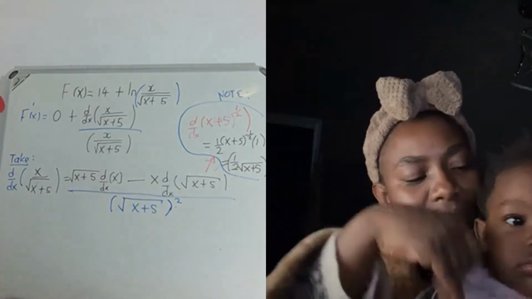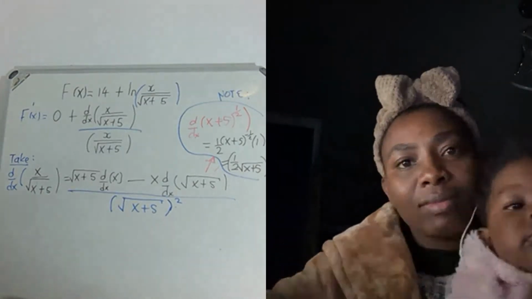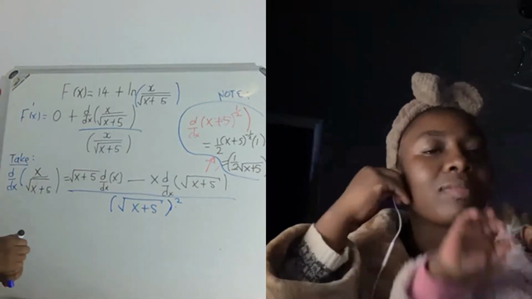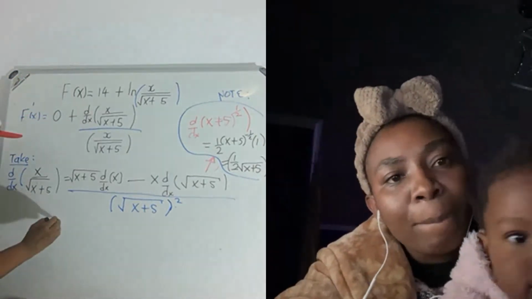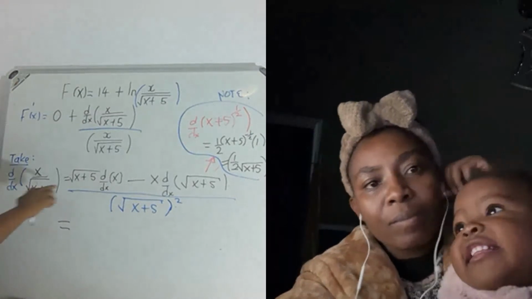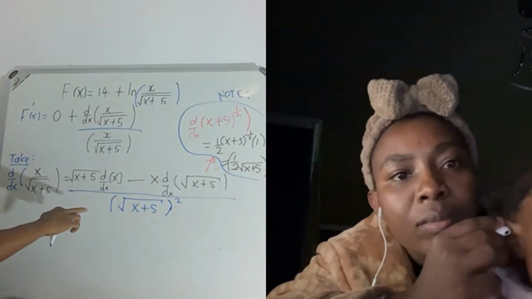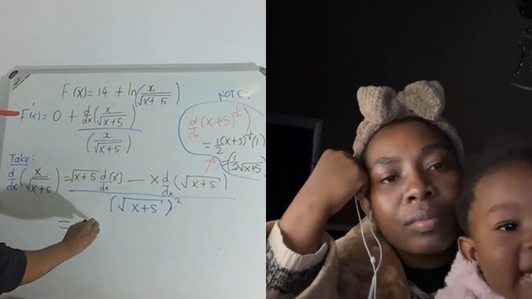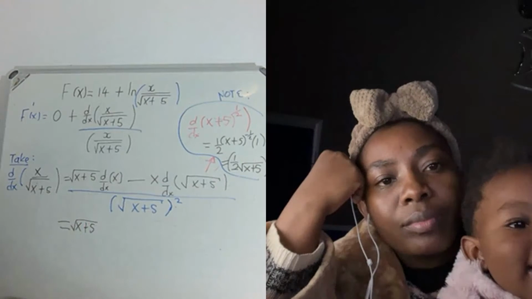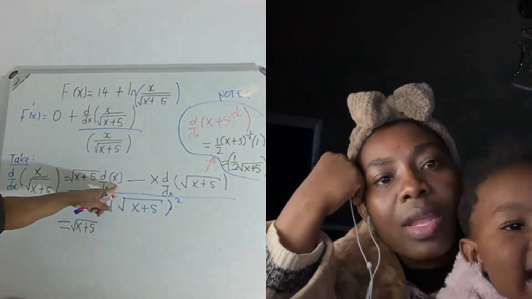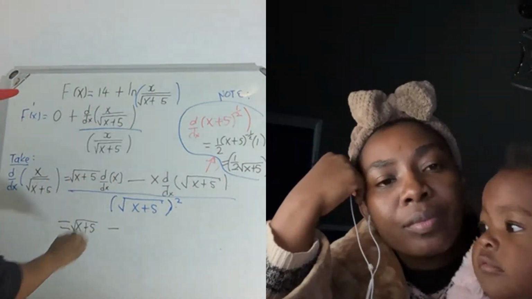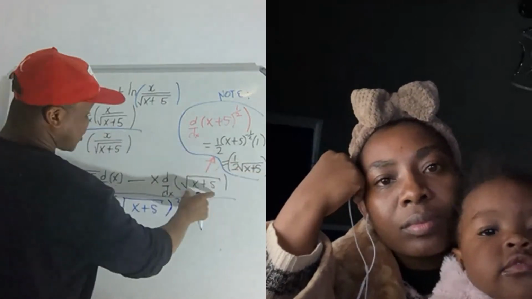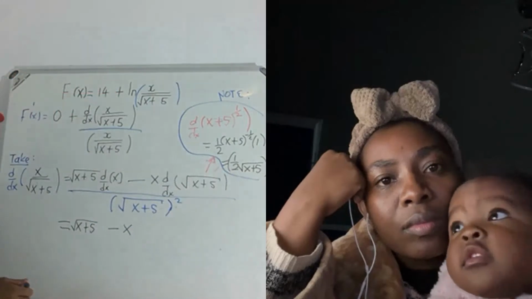All right. So now we're going to say this equals: you differentiate all this. This is 1, so x plus 5, this is going to be 1. Minus x, but we multiply by that, not this, because we differentiate all these given down.